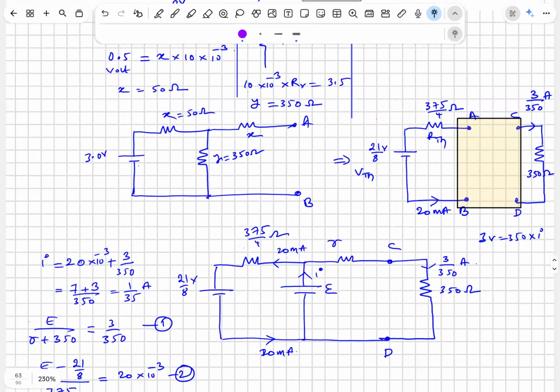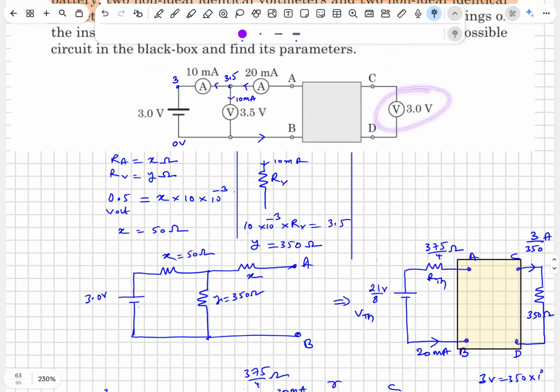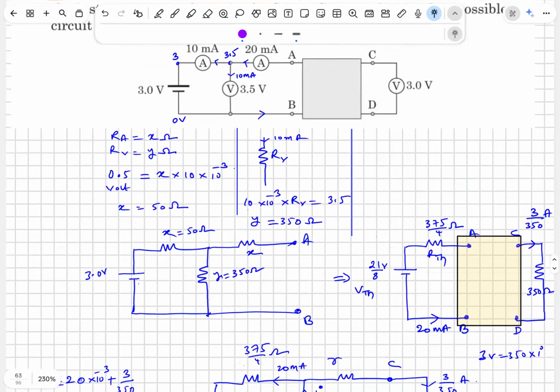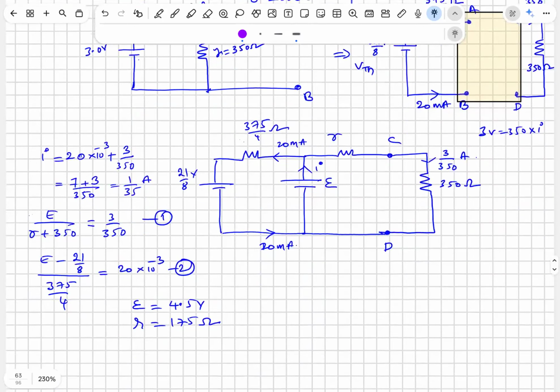Right side, what is happening? 350 ohms, 3 volts. That contributes current 3 by 350. Now, a 20 milliampere current, and this is a different current again. This is not a junction alone.